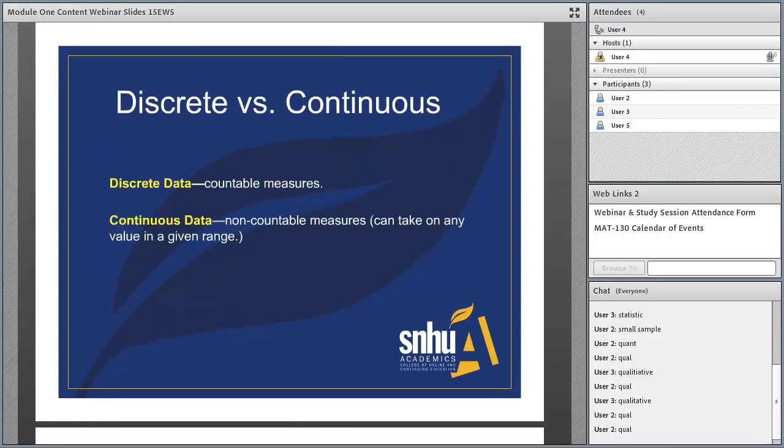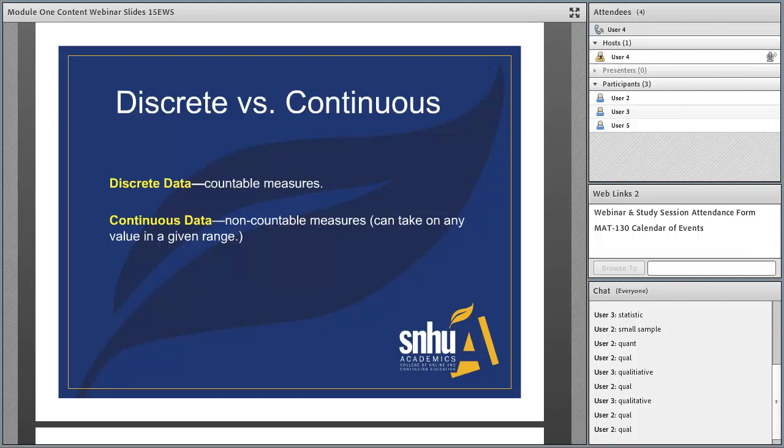Okay, so now we're going to look at the difference between discrete data and continuous data. Discrete data we say are countable measures, and continuous data are non-countable measures. Technically, for continuous data, what you want to be looking at is whether it can take on any value in a given range.